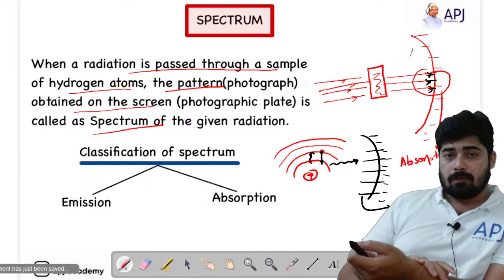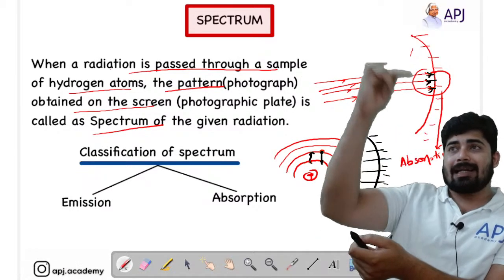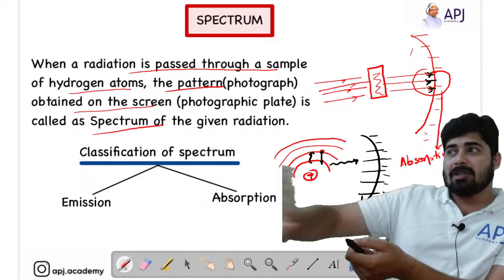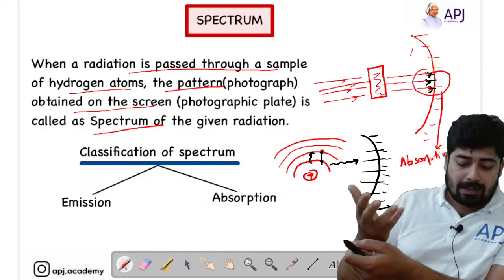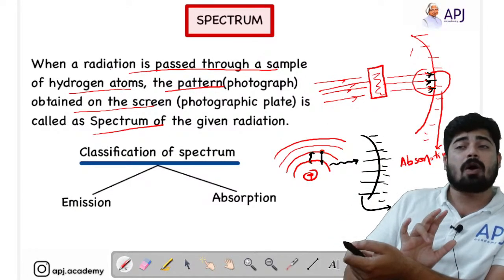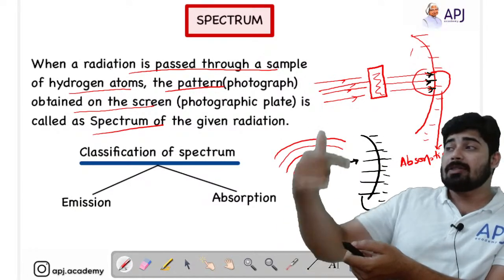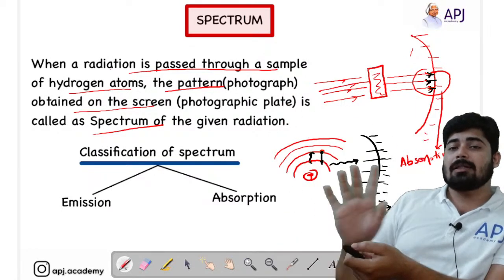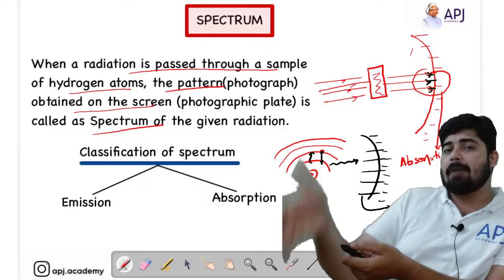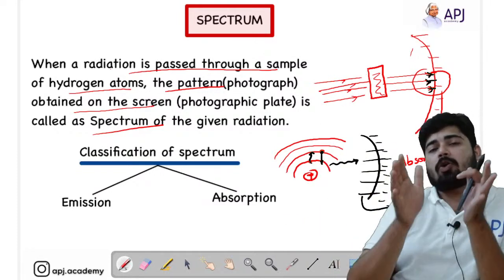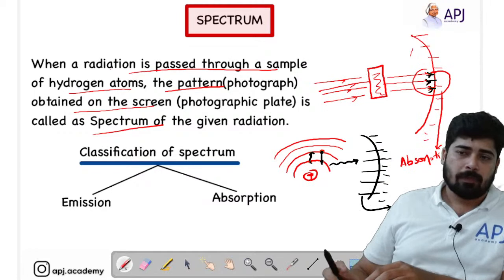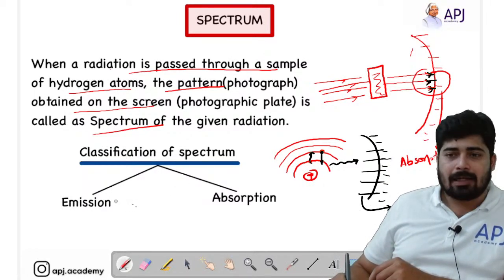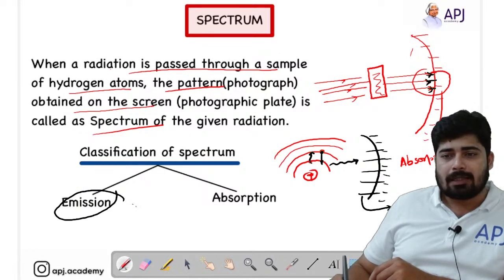After absorption, electrons get excited to a higher energy state, and then when it comes back, it emits the same amount of energy that was absorbed by the hydrogen atom. If the emitted radiation is trapped on the photographic plate, then you obtain the emission spectrum. This is the basic difference between emission spectrum and absorption spectrum. Is that clear?